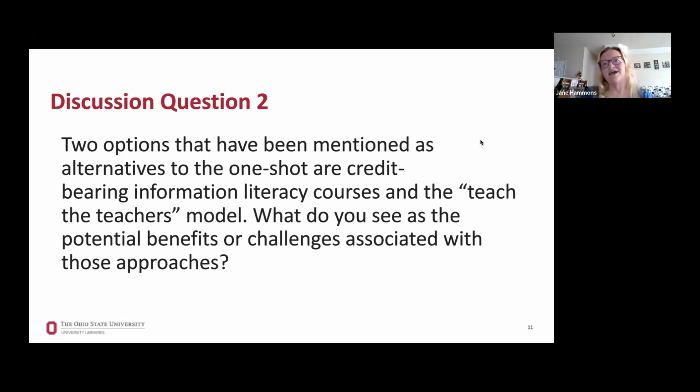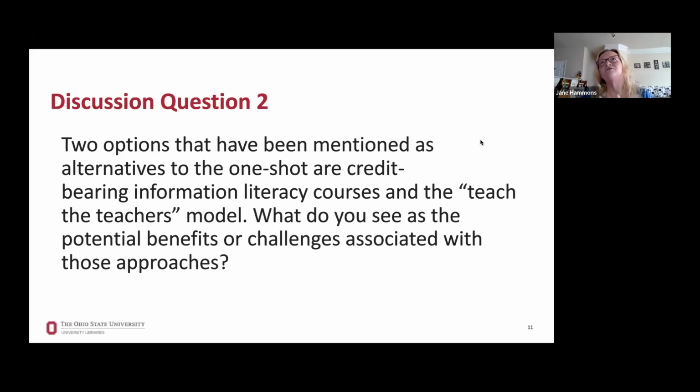So if we go in and say, you're having these challenges with plagiarism or source selection, and here's what information literacy can do for you, we can frame it as the solution. It's going to lower their burden rather than adding to their burden. So it has to be about how we frame what we are doing.